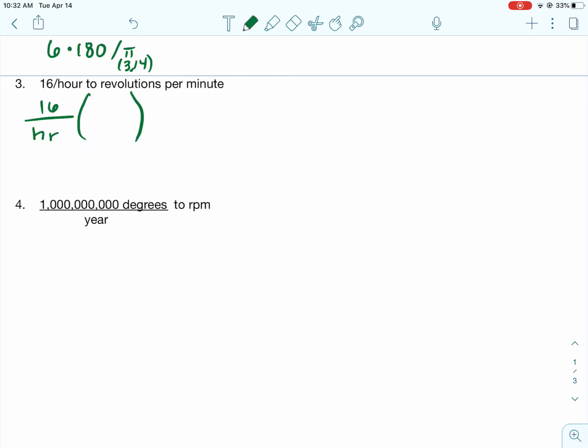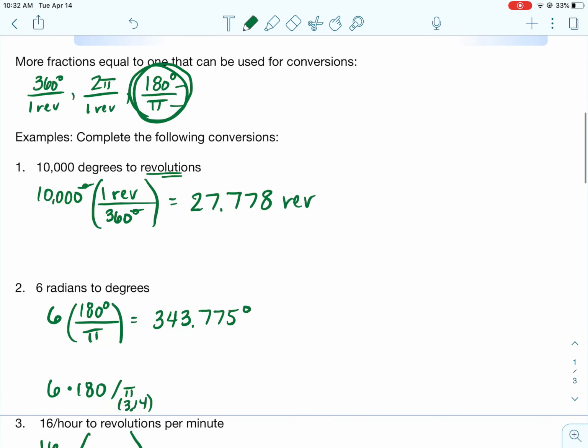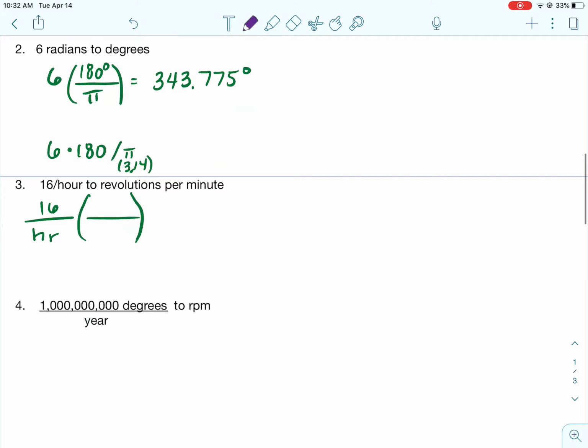So 16 per hour technically means 16 radians per hour. So we don't have a unit of measure. We're talking about radians. Okay, so we want to change radians to revolutions.